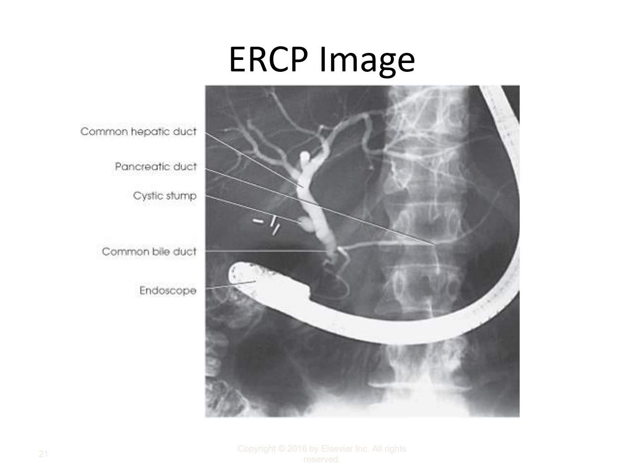You see the three staples there right under the cystic stump. That means the patient's had their gallbladder removed. This is slightly dilated, but not aggressively dilated. We can also see the pancreatic duct has not been dilated at all.